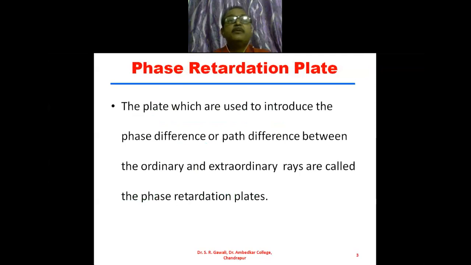So first of all, we see what is meant by the phase retardation plate. This is a plate which is used to introduce the phase difference or path difference between the ordinary and extraordinary rays, and such a plate we call a phase retardation plate.